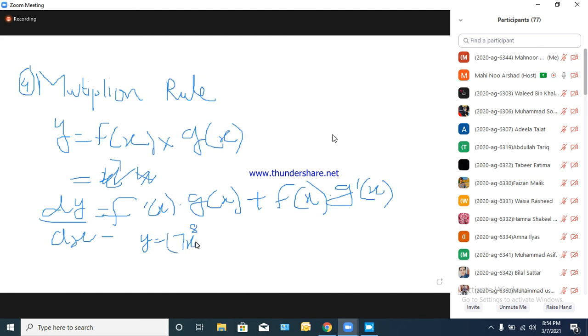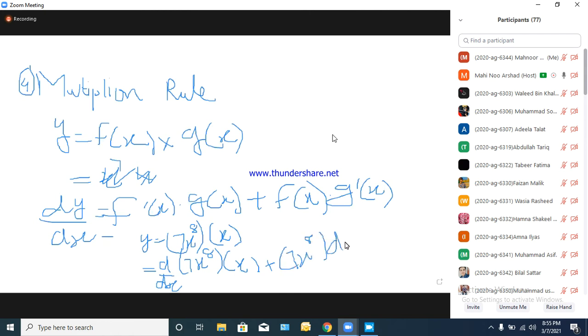If you have a function like that, and the first function is like this, and the second function is, let's suppose, x. So you will take the derivative of the first, 7x raised to the power 8, with x as it is. Then first as it is and derivative of the second.